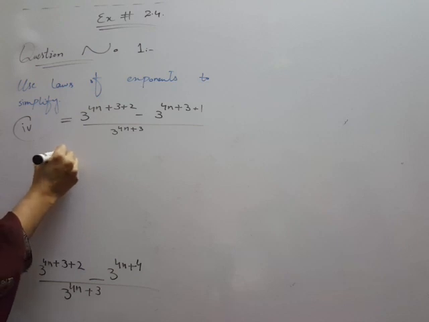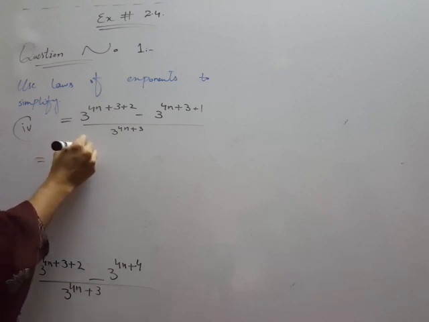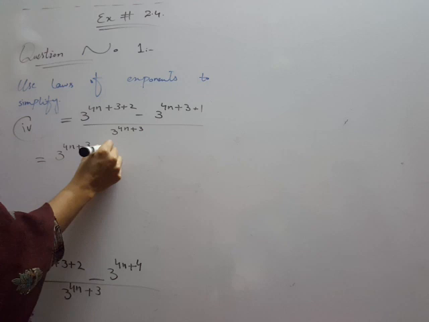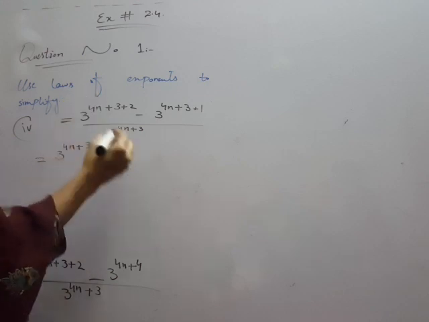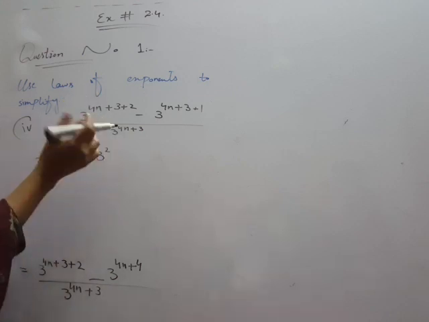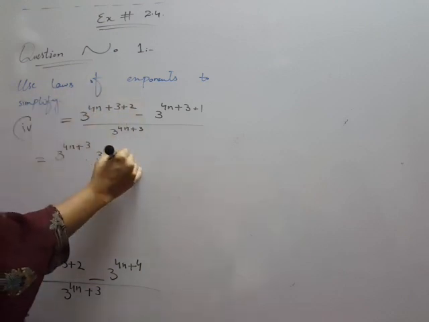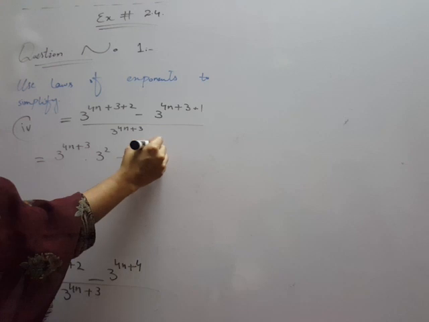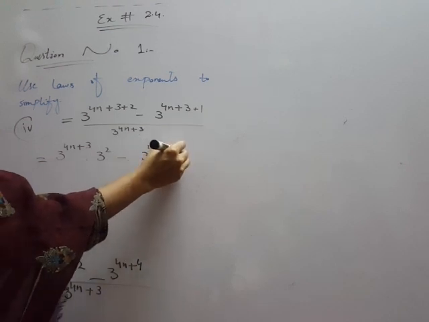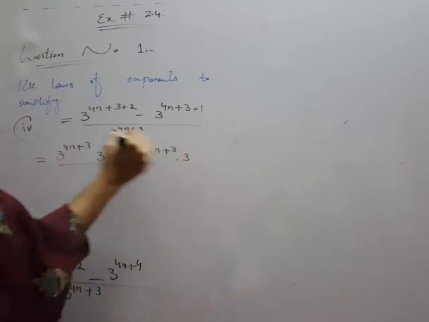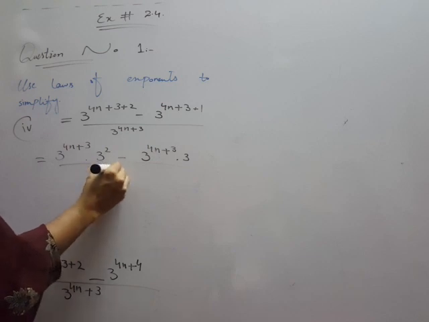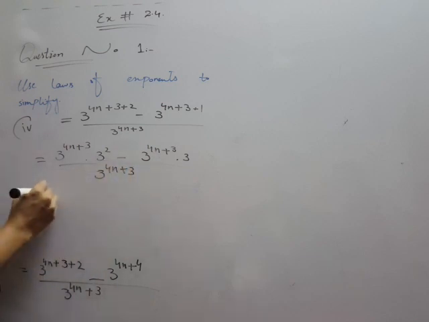It will be equal to 3 raised to power 4n plus 3 multiplied by 3 square, because if the base is same the powers are added, so I can separate the base. Okay, so it will become 3 raised to power 4n plus 3 multiplied by 3, divided by 3 raised to power 4n plus 3.